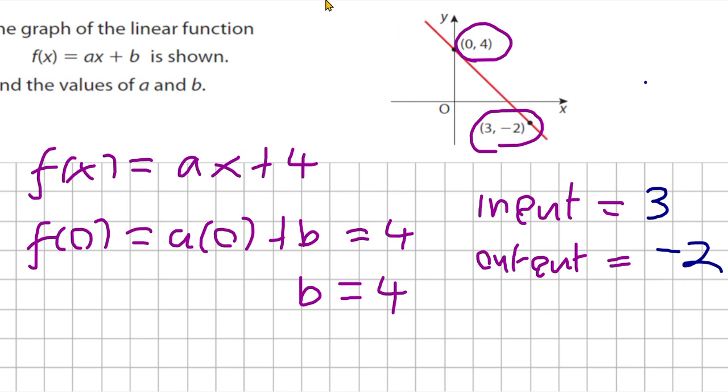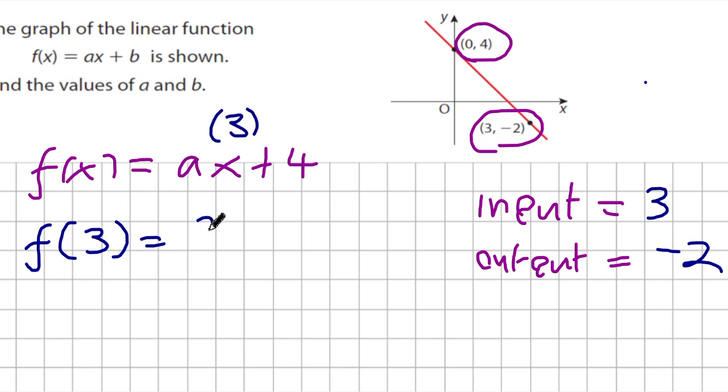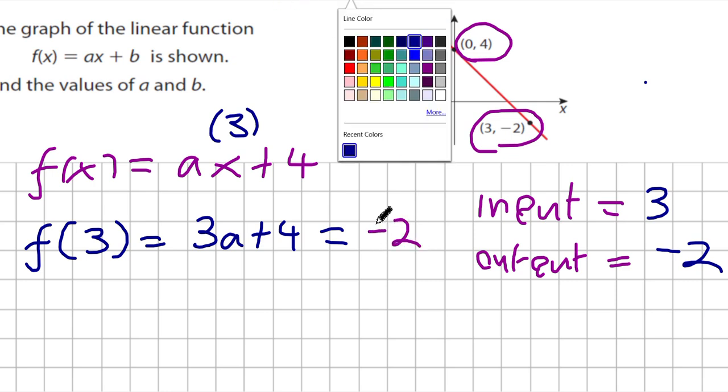Off you go. So what do you replace x with, guys? x gets replaced with 3. 3 times a, 3a, plus 4, and the output has to be minus 2. And we're going to find out the a value that caused that to happen.